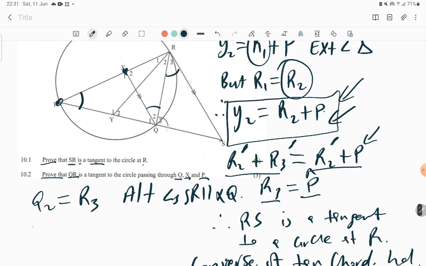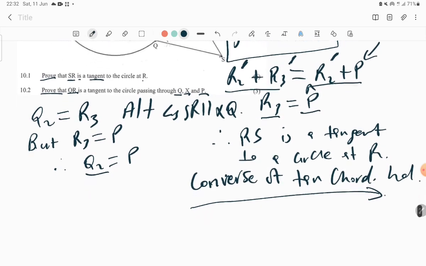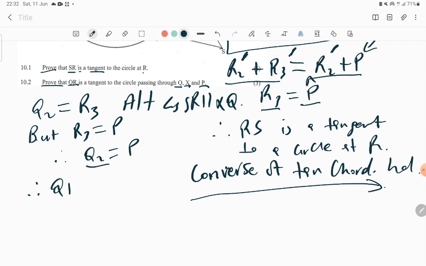But R3 was proven to be equal to P, therefore Q2, which is equal to R3, is also equal to P. We just had to prove that the angle between this line and this chord is equal to that angle. So if Q2 is equal to P, then RQ is a tangent. Therefore QR is a tangent to that circle.